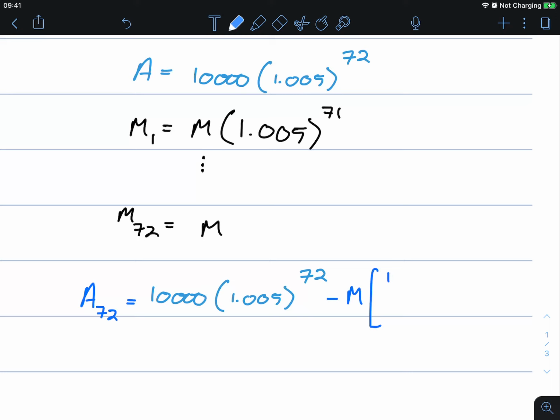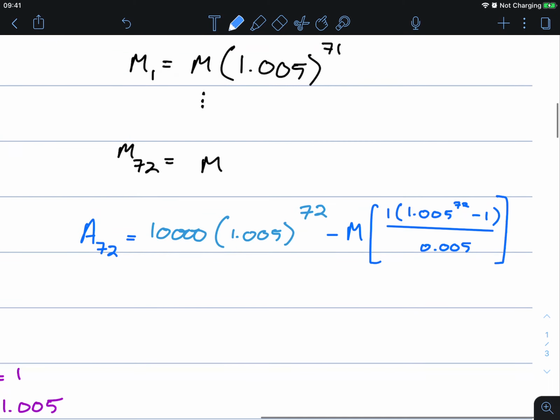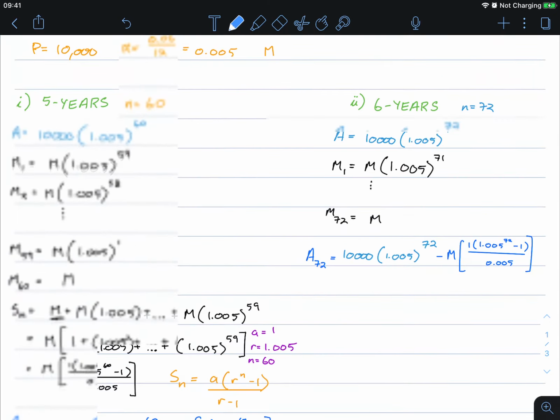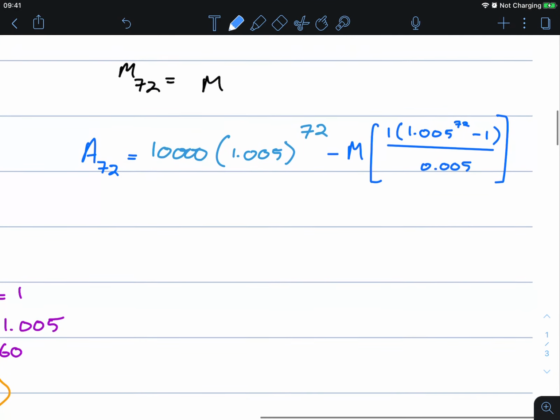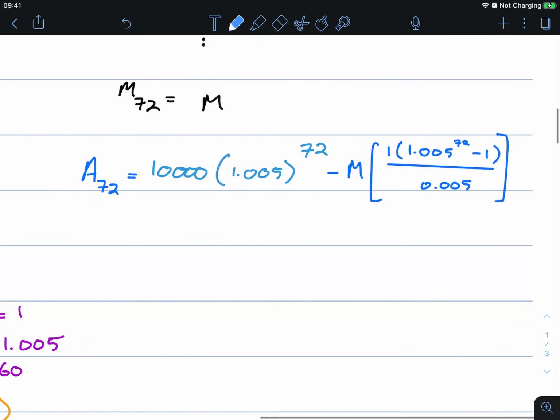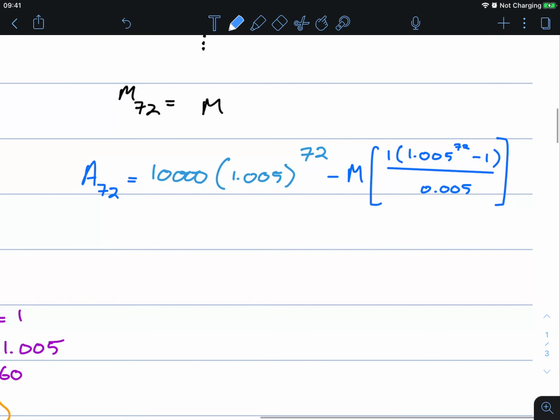It's going to be 1 outside of 1.005 to the power of 72 take away 1 all over 0.005. And hope you saw how we could utilize this first expression in order to quickly get the next one here without having to go through all that formula. Then we let this equal to 0, and then we continue solving as we normally would.